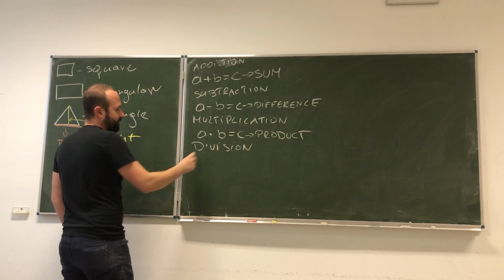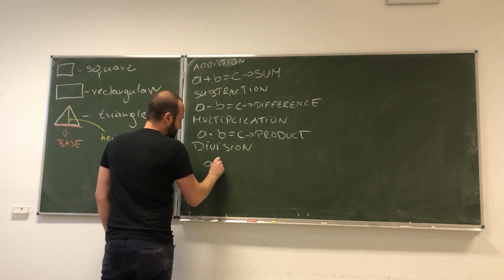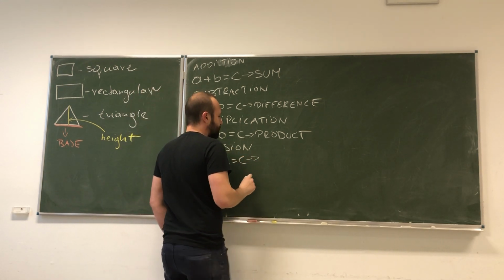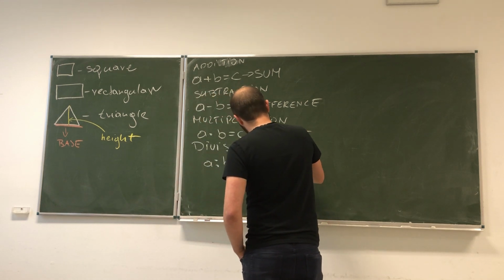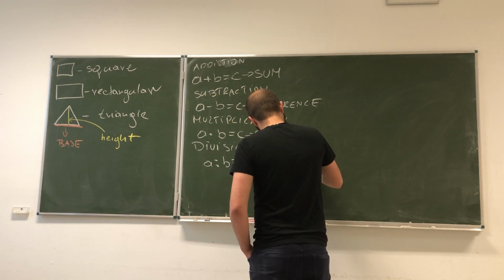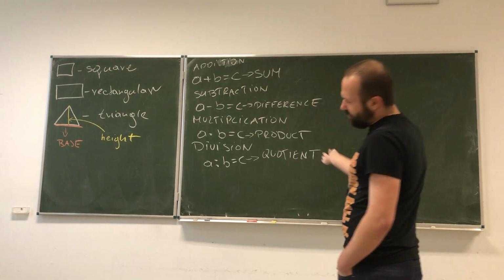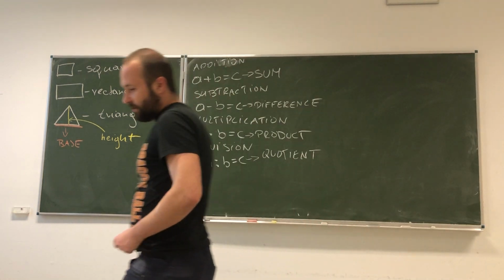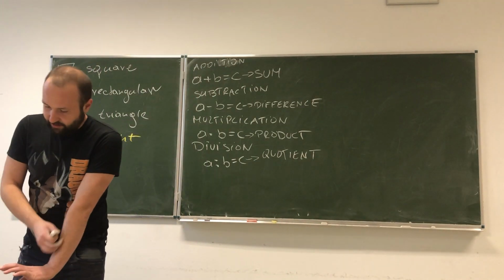We've got A divided by B is equal to C, where C is called the quotient. Although of course, ratio is also an acceptable answer over here.